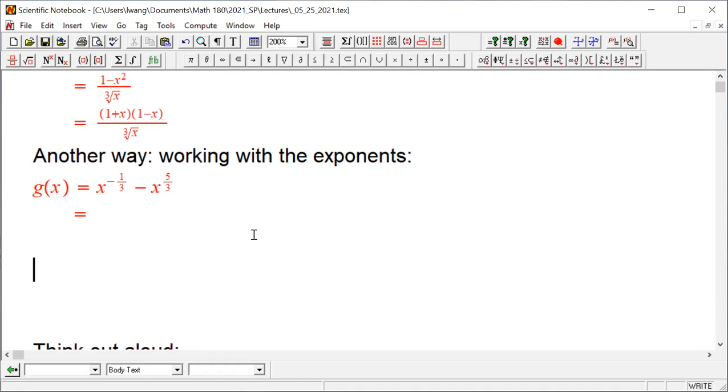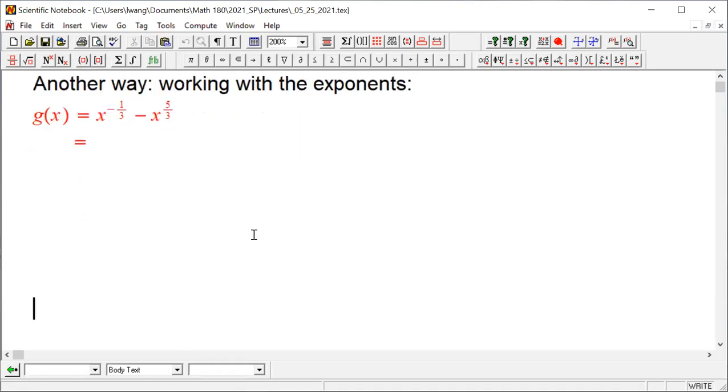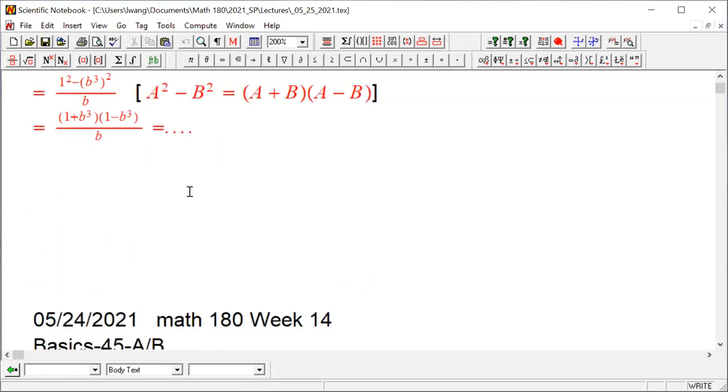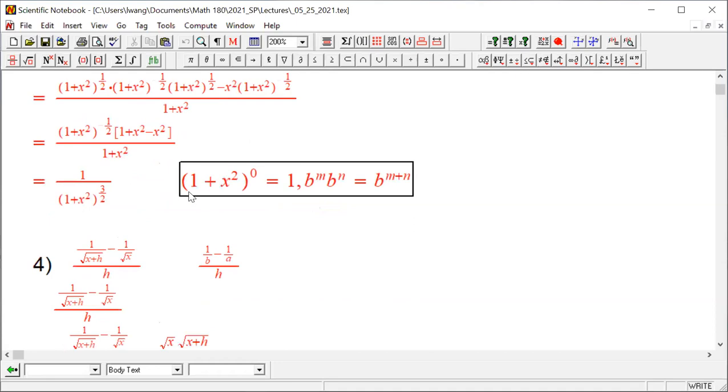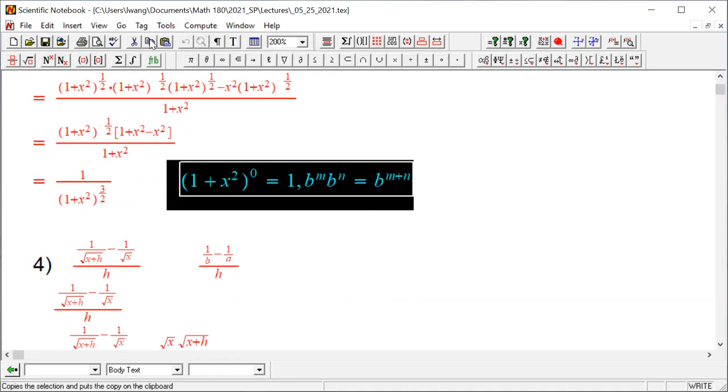So this method works directly with the exponents, and the tools you're using are pretty basic, as I pointed out yesterday.